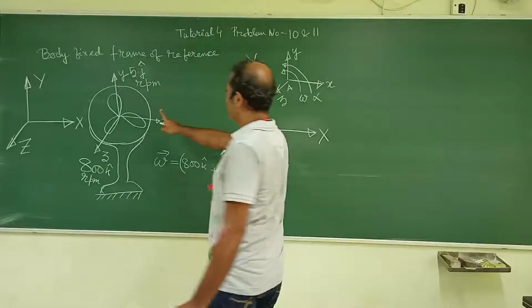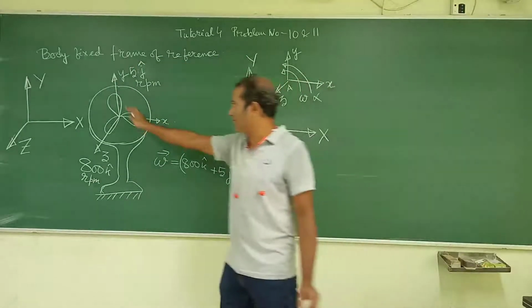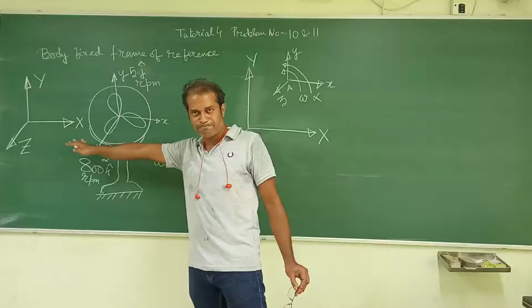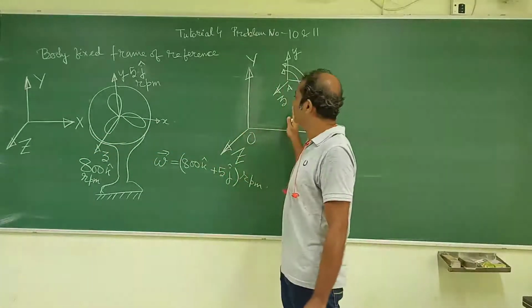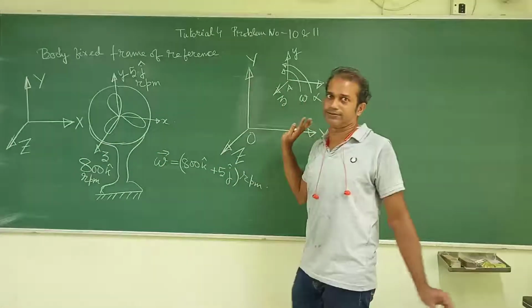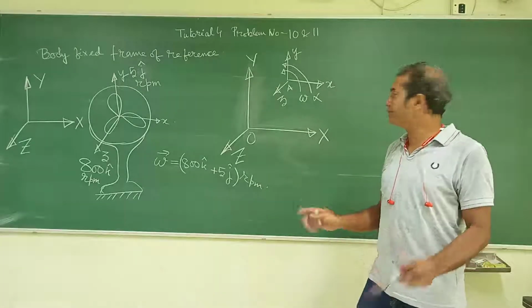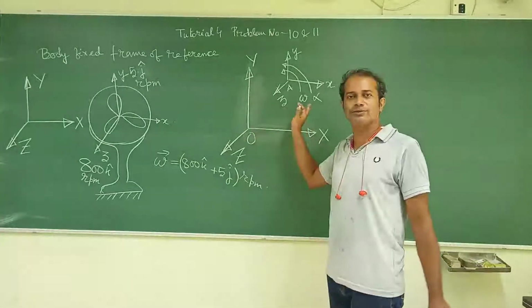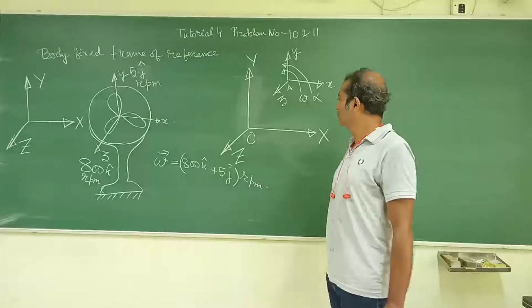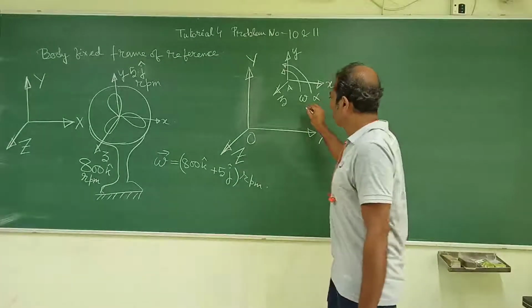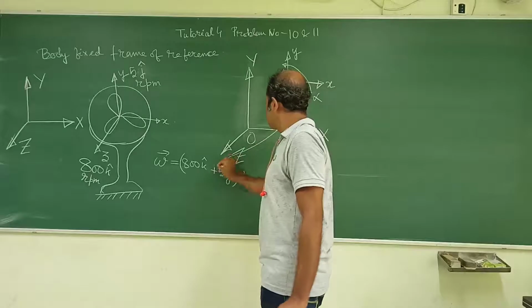So just look carefully. This is my system, and this is what I am understanding through the figure. Whatever you are going to say, I am just going to draw over here. So this omega is this.